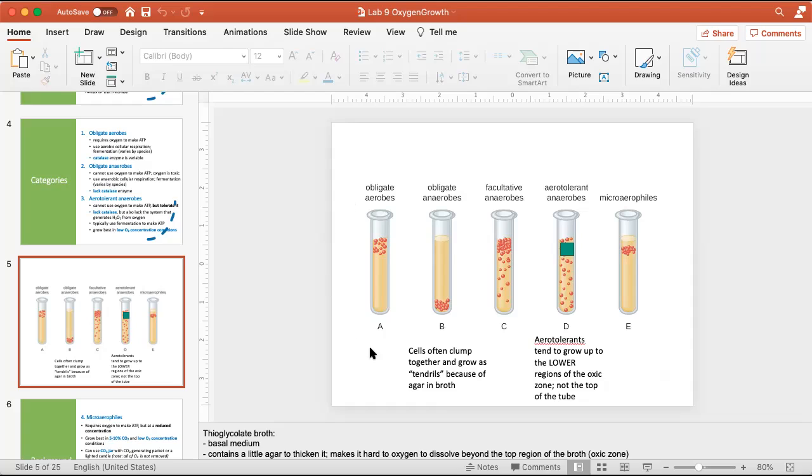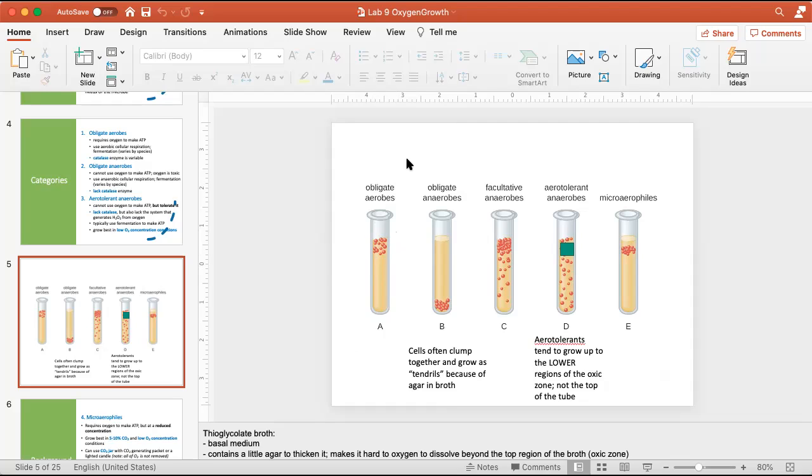This one over here on the left is the way obligate aerobes grow in thioglycolate broth. Remember, these organisms require oxygen to make their ATP. They will die without oxygen. So, no surprise, they are limited to growing in that upper portion of the tube where the oxic zone is.